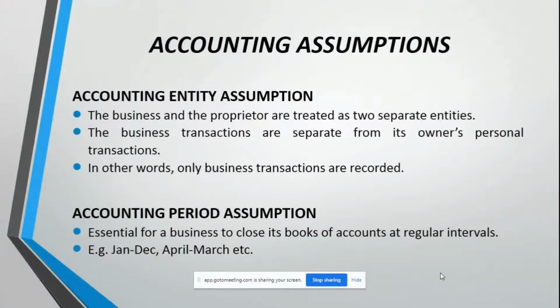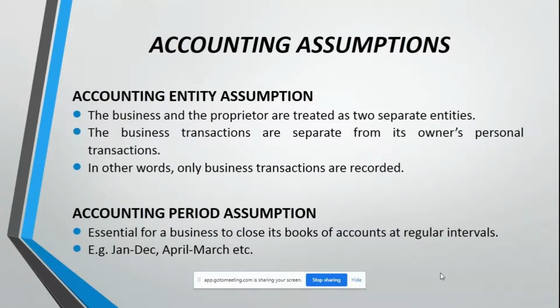Never. Only when I balance out by the end of the year and cut out all my expenses from my incomes, would I know whether I'm earning profits or going for a loss. Also, if I close my books of accounts at regular intervals, I can compare my financial statements of the current year with those of the previous year.